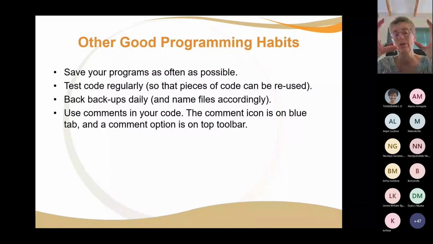Make it a folder that you copy over. That's just a good habit to have. And then test your code regularly. I cringe when I see just one long piece of code. That's not okay. You need to do little pieces, and then you test it. And if you test it, you put it into a structure.